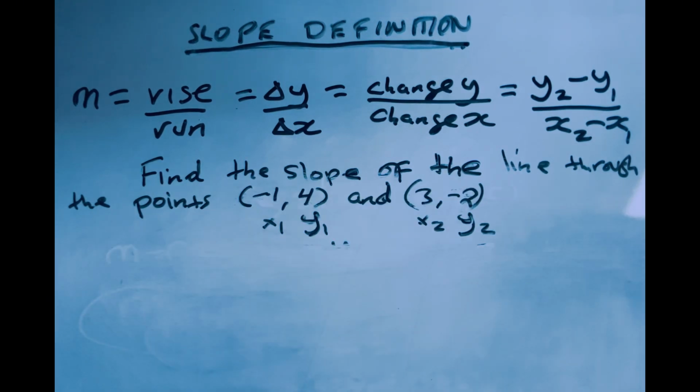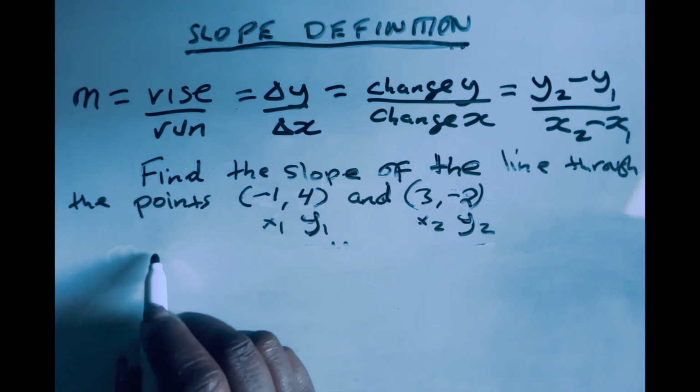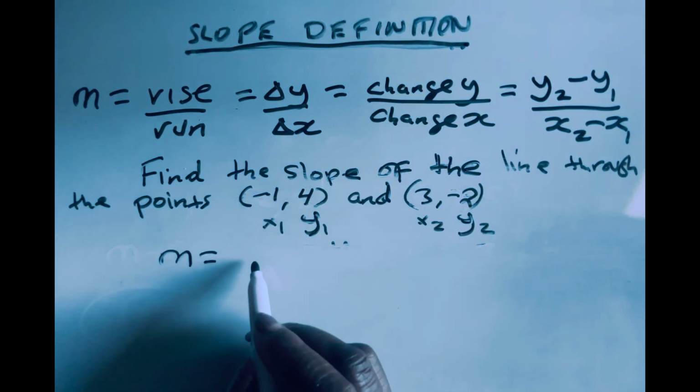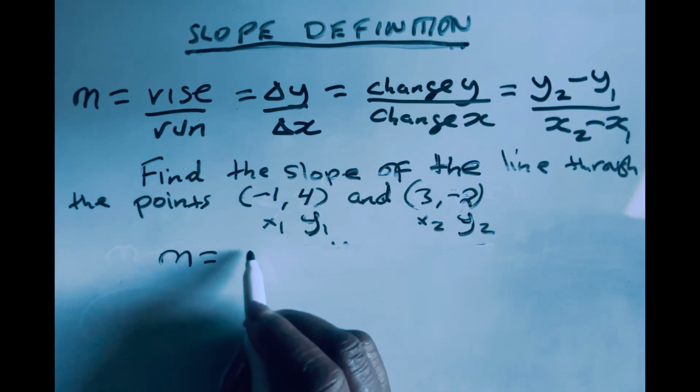We are going to try another example, and in this case we're going to find the slope of the line through points -1, 4 and point 3, -2. So let's write down our formula for slope. Change in y over change in x.